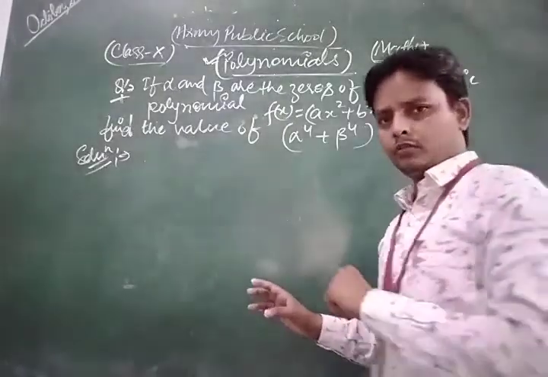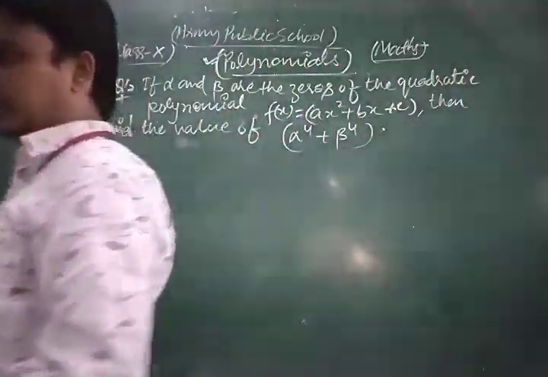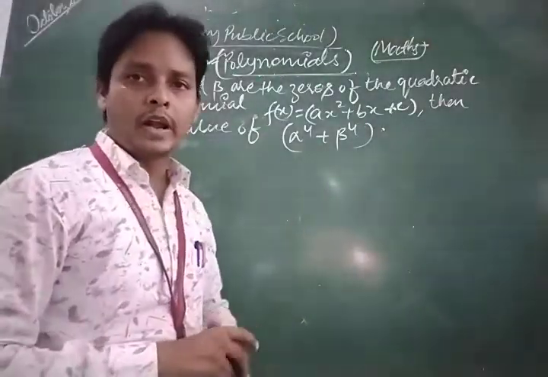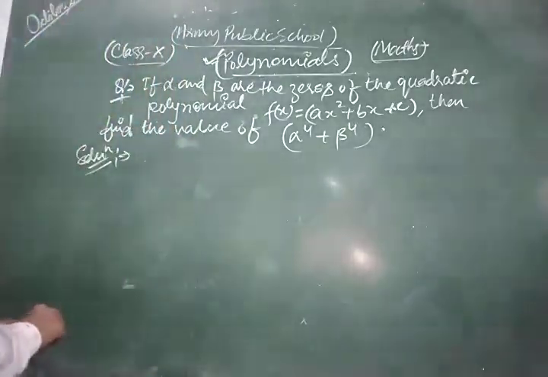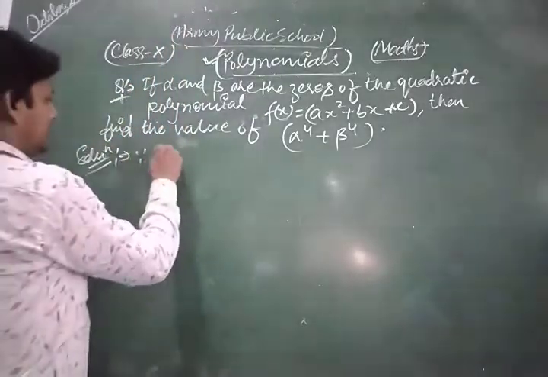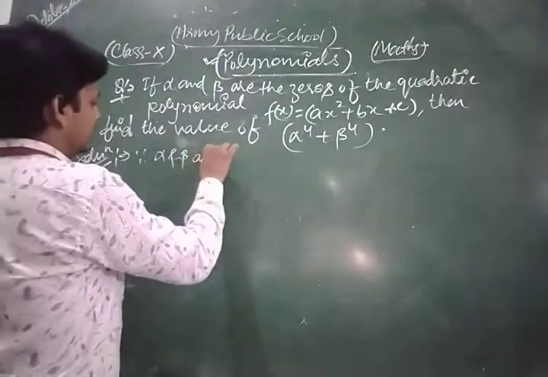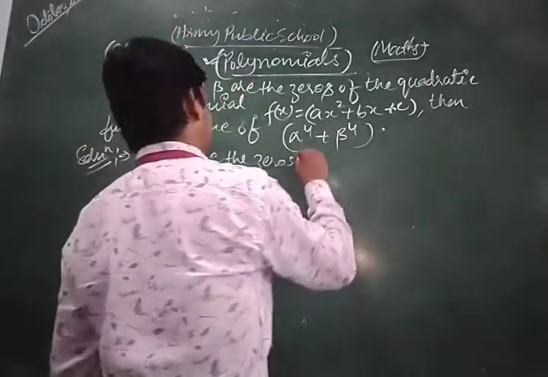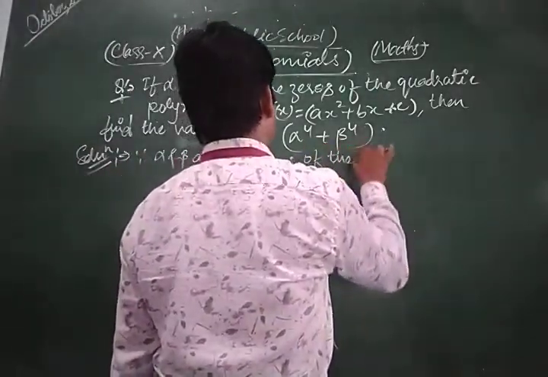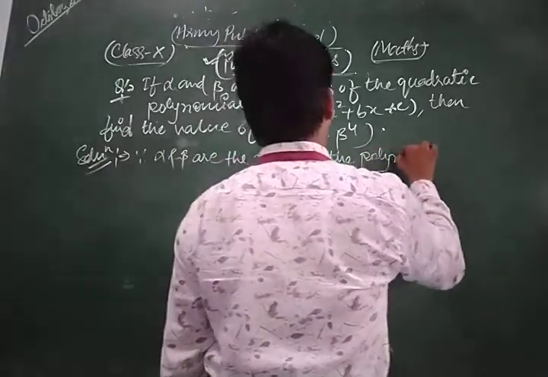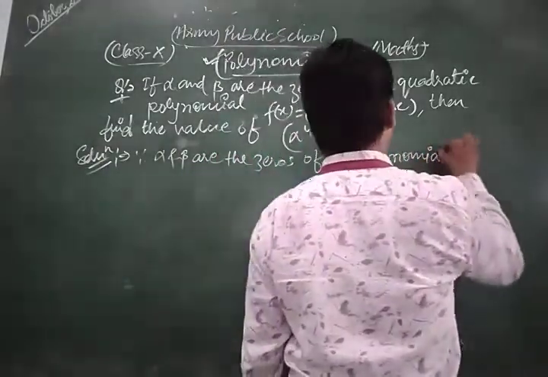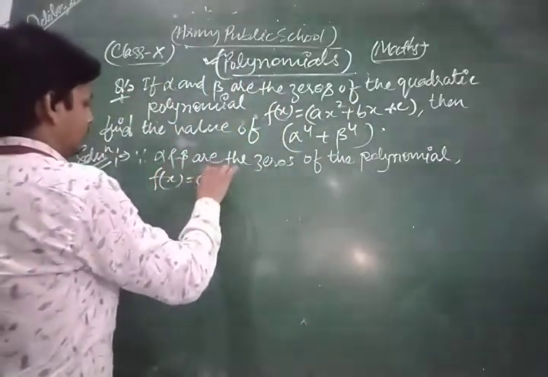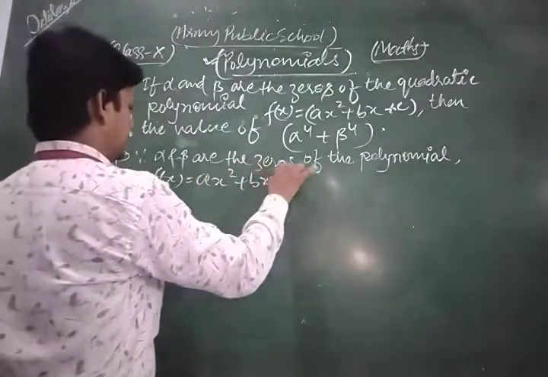Dear friend, this is one of the most important questions of your syllabus. Now let's see. We find the value of alpha to the power 4 plus beta to the power 4. Look, first of all, since alpha and beta are the zeros of the polynomial f(x) is equal to ax square plus bx plus c.